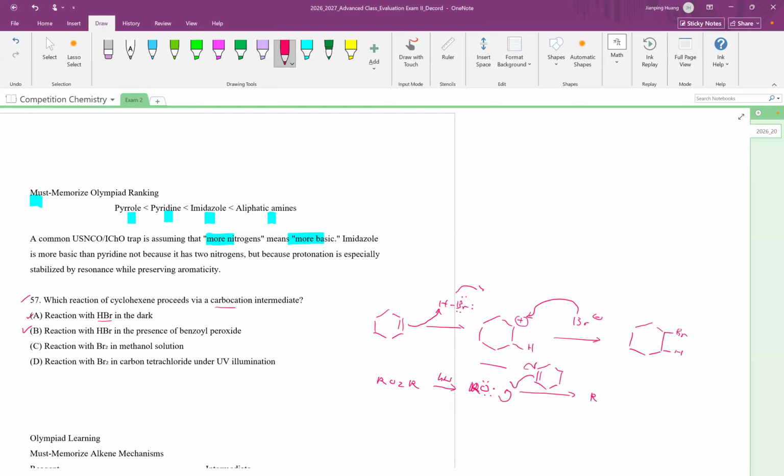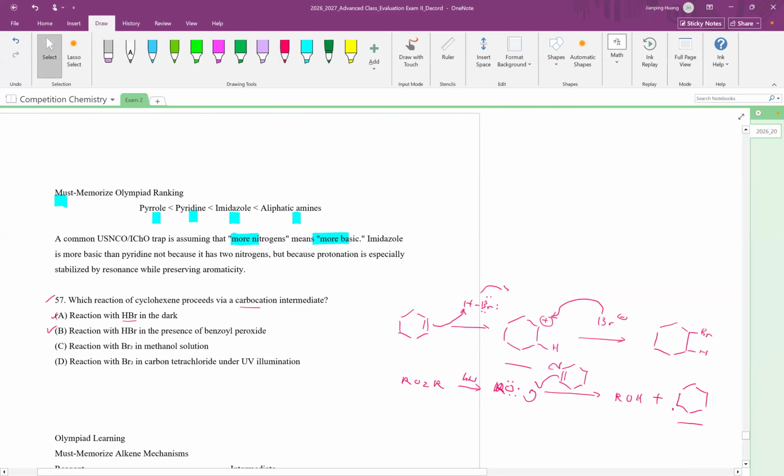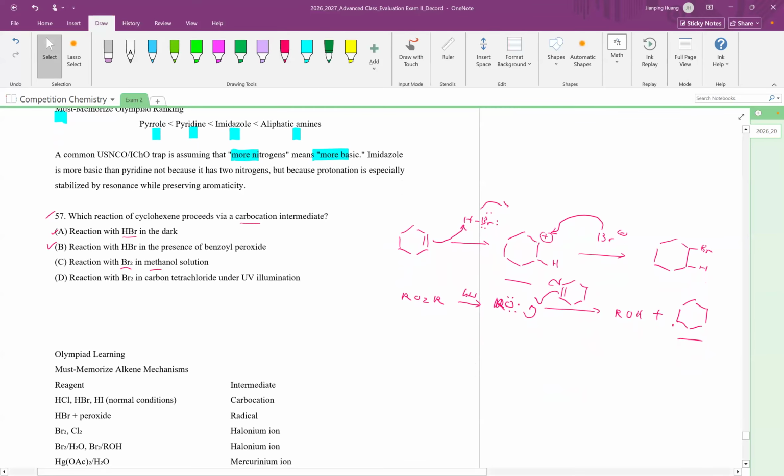So you get a radical, okay? You got it? Then you will continue. That's the radical mechanism. It's not a carbocation. Now what's this? And you know, halogen, and that one forms a bromonium, right? So basically you form this way.